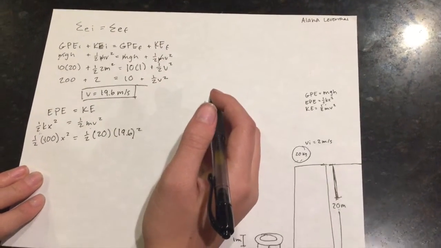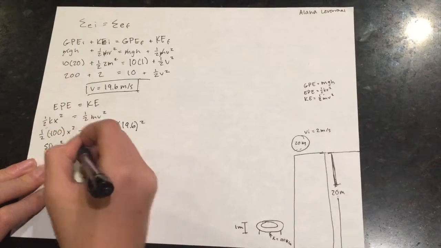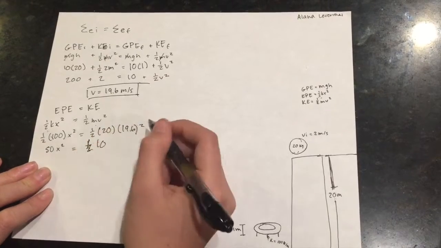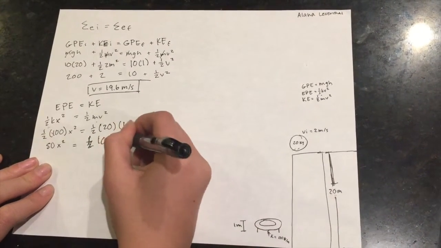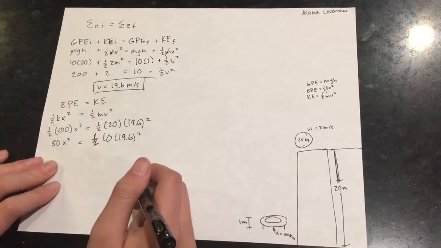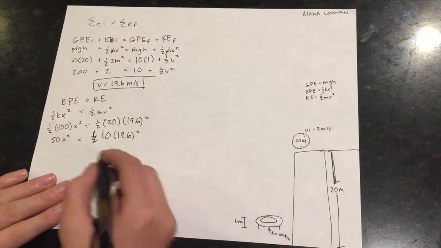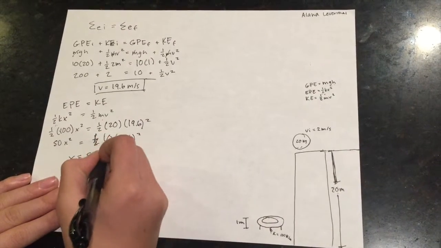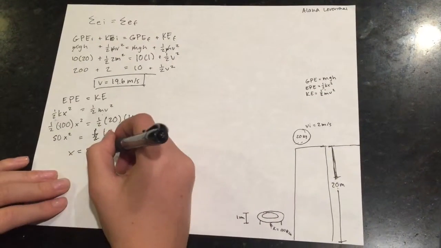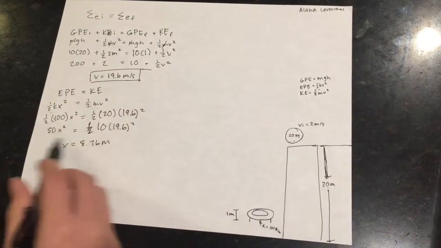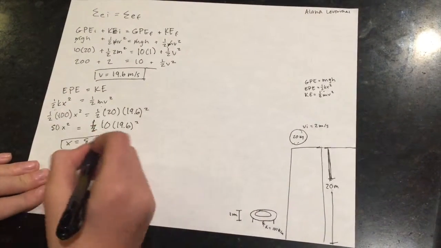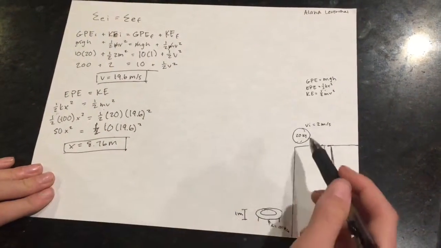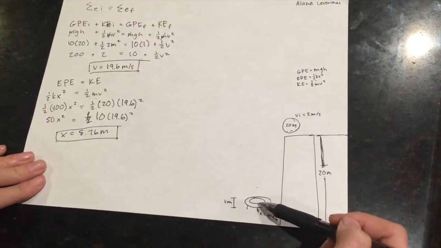And so in the end, x is going to equal about 8.76 meters once you isolate it here. And this is the answer. So this is how far the spring will compress once this ball hits the trampoline.